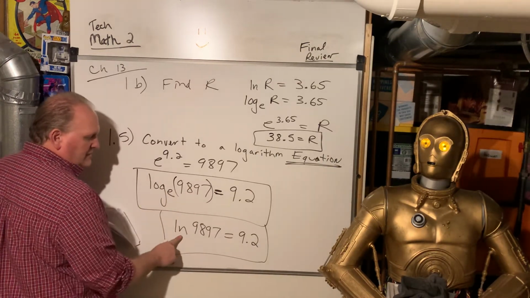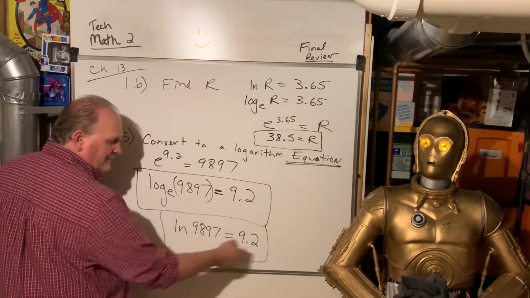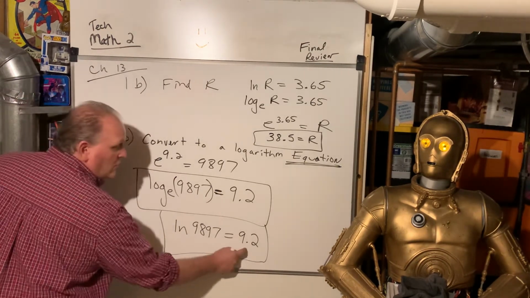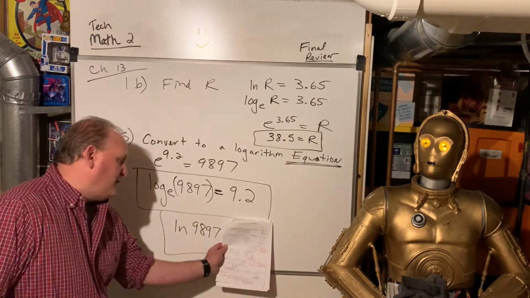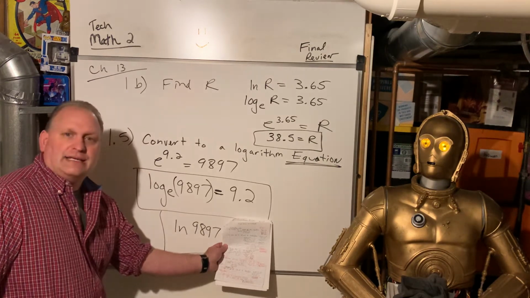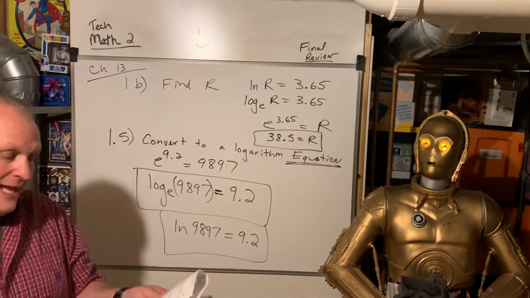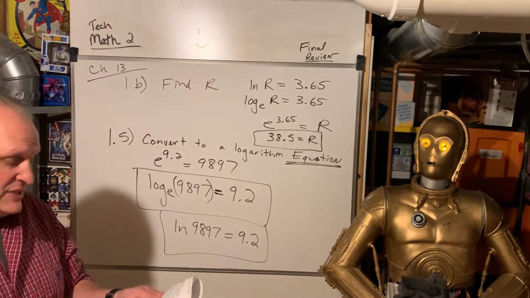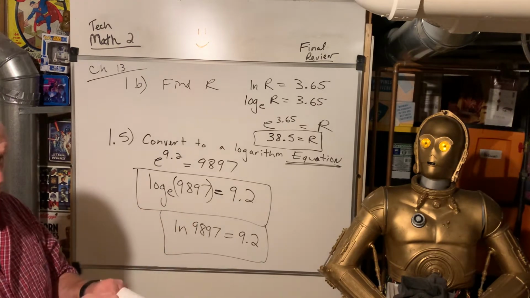But this is even easier if you just go ln 9897 and equals 9.2. Don't forget the equals 9.2. I can't tell you how many people lose 2-3 points for just telling me ln 9897. And they forget about the equals 9.2. When they say equation, you need the equal sign. Otherwise, it's not an equation. It's an expression. All right.